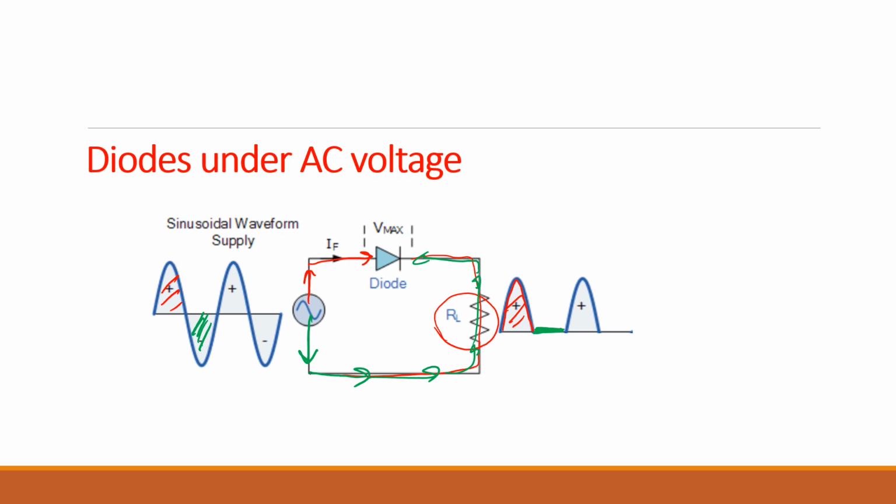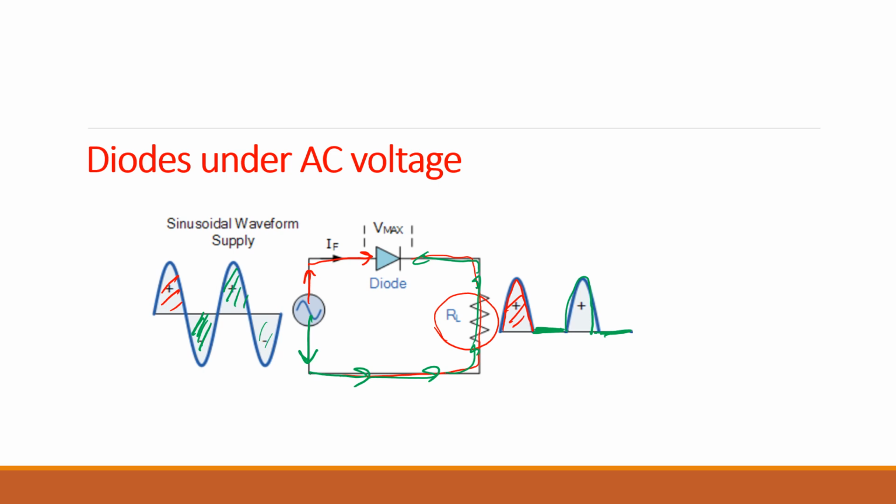Again, when the positive half happens, there is a peak, but when the negative half happens, there is 0 voltage across the resistor. Do you agree with that or not? When the diode is in reverse bias, there is no current flowing. Current is flowing only when the diode is in forward bias. So the diode is in forward bias only when the peak or the positive half happens. Am I right? Any question?